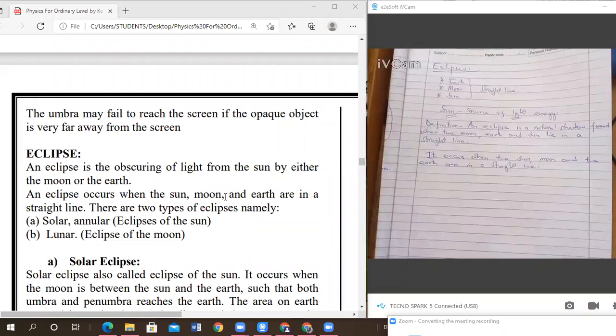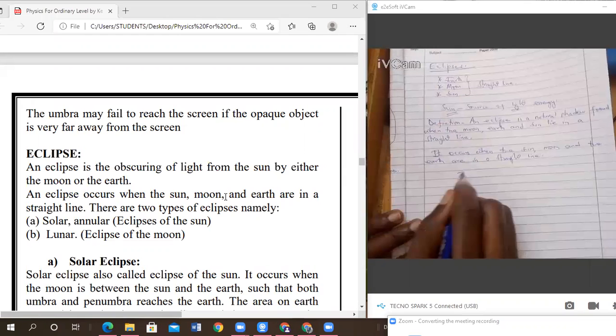Now, the type of eclipse that is going to be formed depends on the position of the moon or the position of the earth. Together, we have two types of eclipse.